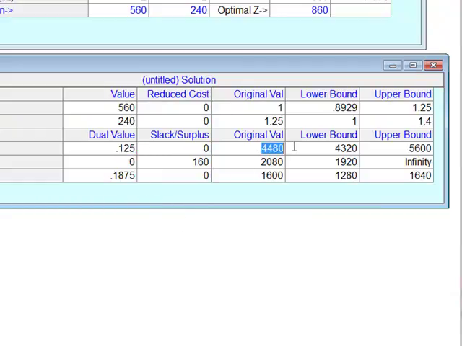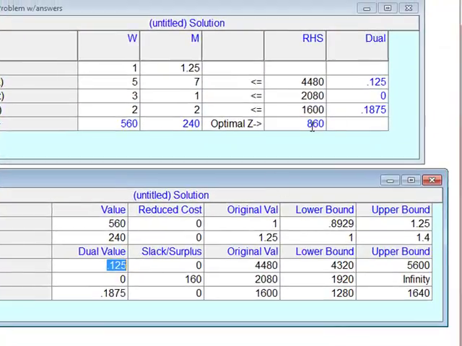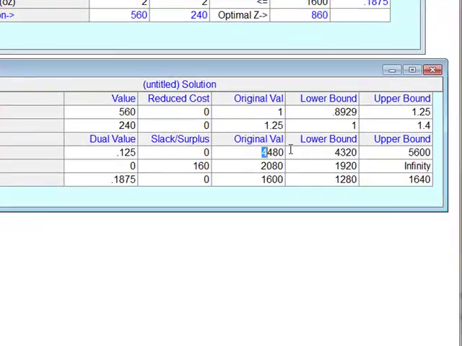So the 100 fewer ounces multiplied by 12.5 cents would be $12.50 less in profit that I'm going to make. So my $860 minus the $12.50 would be my new profit estimation, assuming I do not have the total amount of 4,480 and instead I have 100 ounces less.